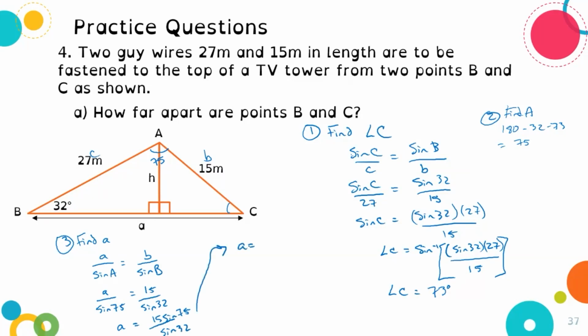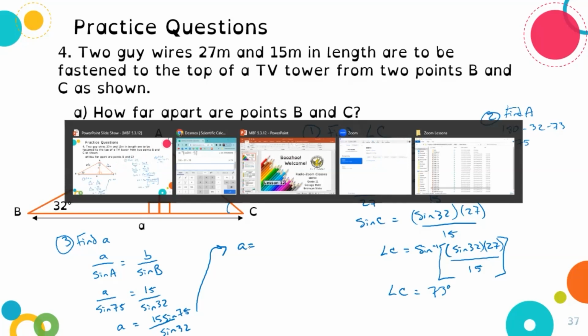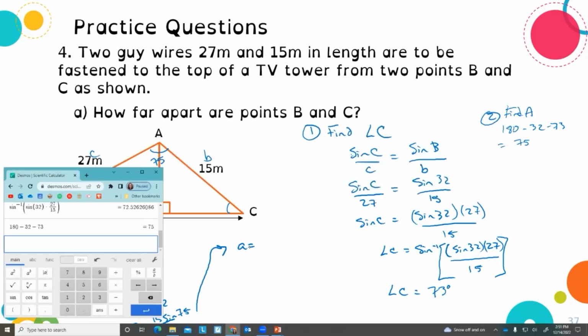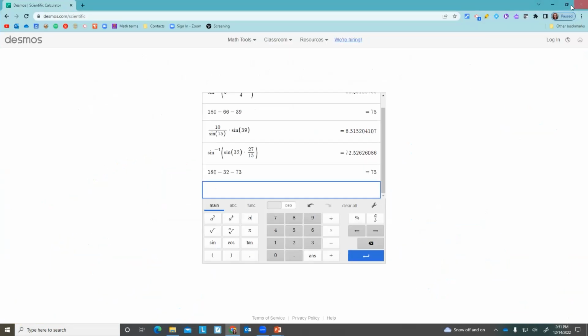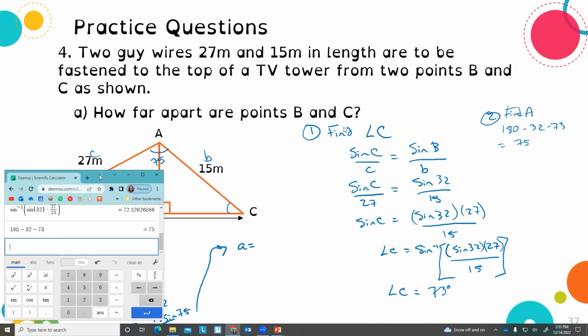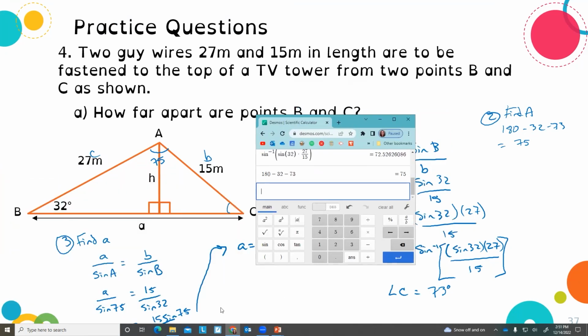A is equal to, now I'm not writing down every single step. I know that it is best, and I encourage you to do that, but you don't have to.